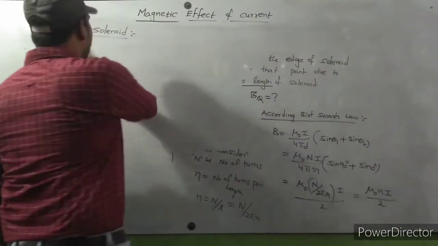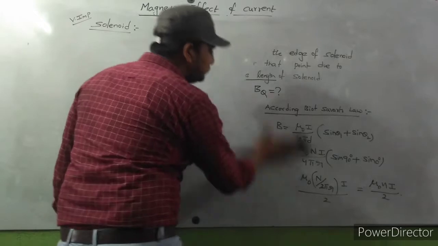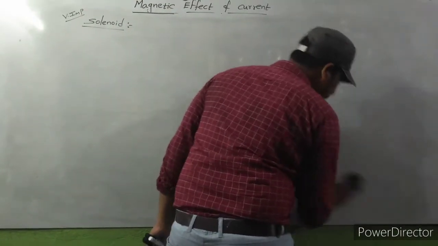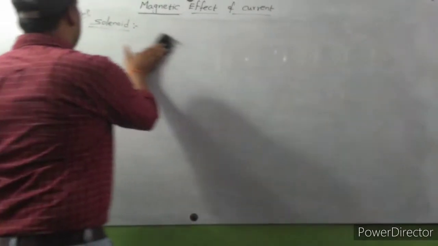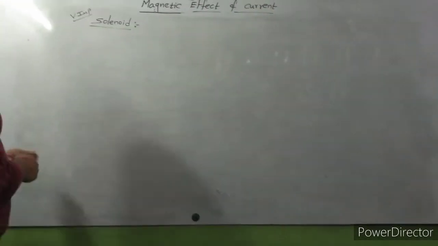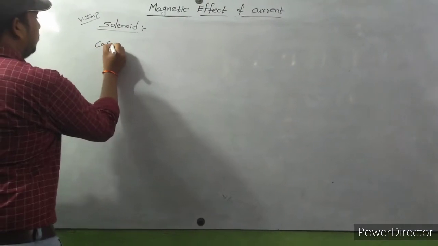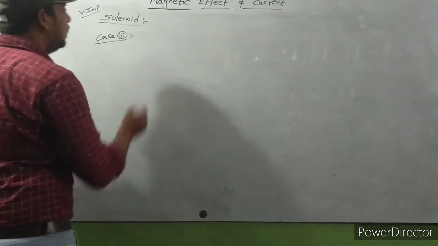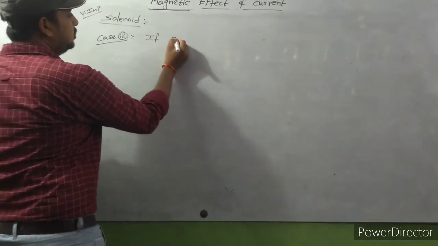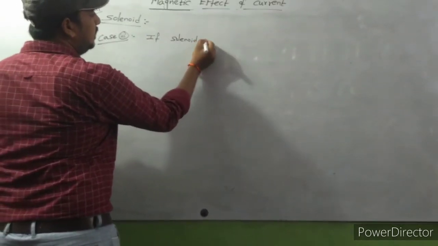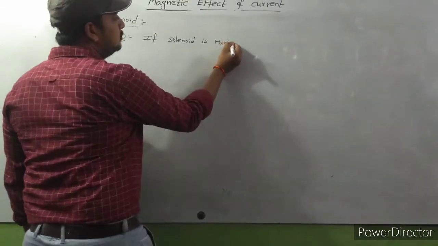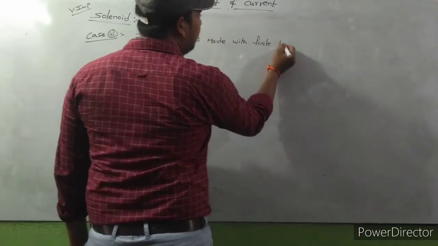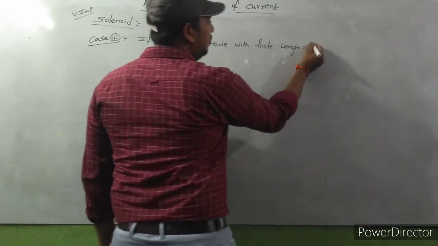After completion of the third case, I will discuss this. What is the third case? Case 3: if the solenoid is made with finite length of wire.